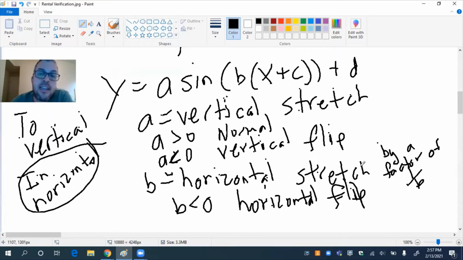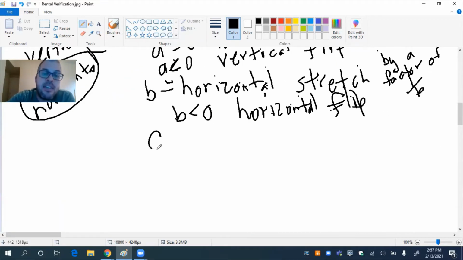Again, it's the opposite of what we would expect. And so with c, if I add, say, 3 or 5 or 10 into the function, it seems like because we're adding, it would be a shift to the right, when in fact it is a shift to the left. So c is the horizontal shift.